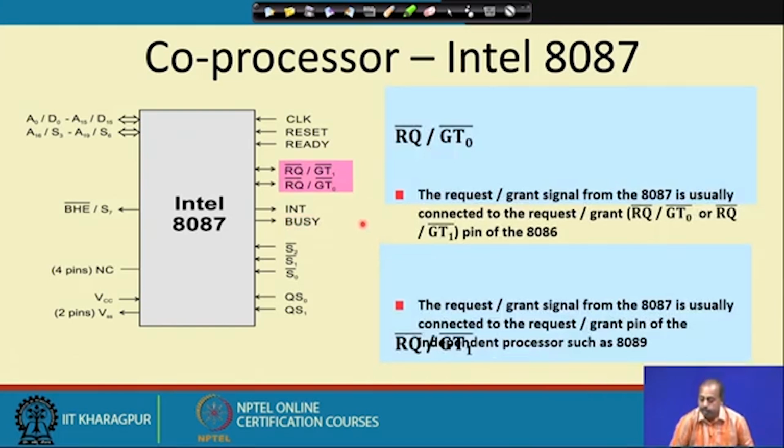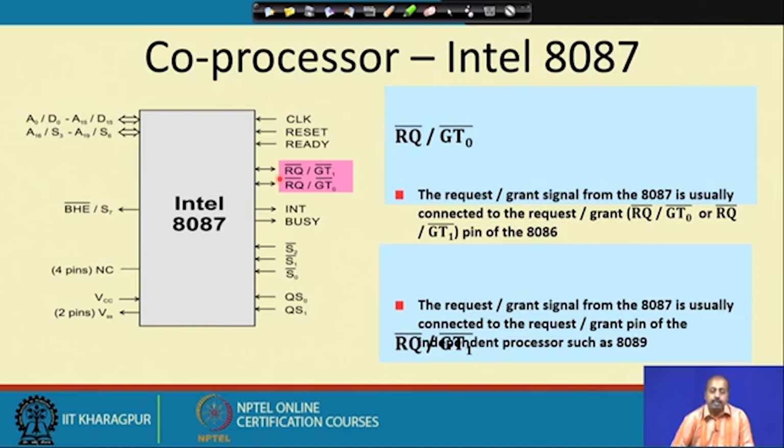Then the request and grant lines, RQ GT0 and RQ GT1. The request and grant lines of the 8087 are connected to the request grant pins of the 8086. You can have a number of such masters, and the 8086 provides 2 such request grant lines; the 8087 also has 2. This line is used to request the 8086 to release the address and data bus lines.